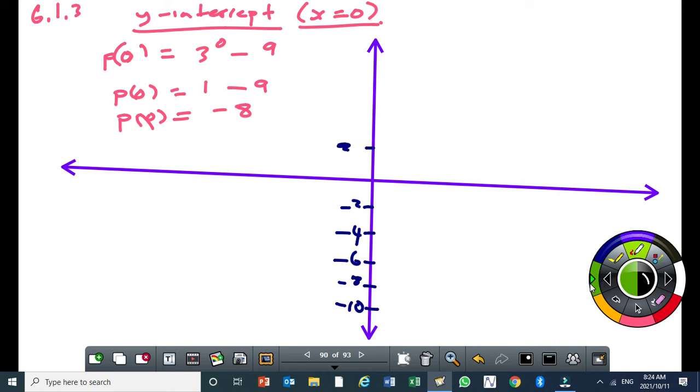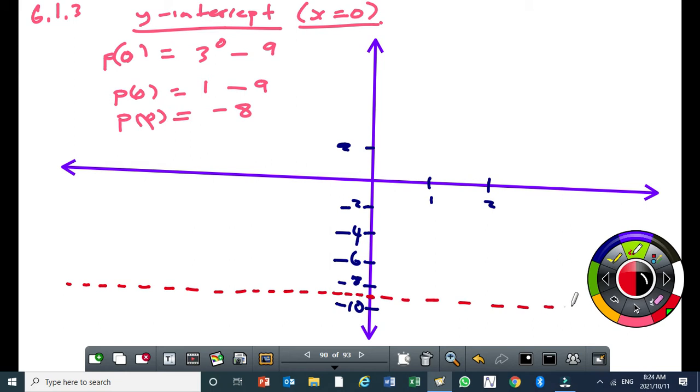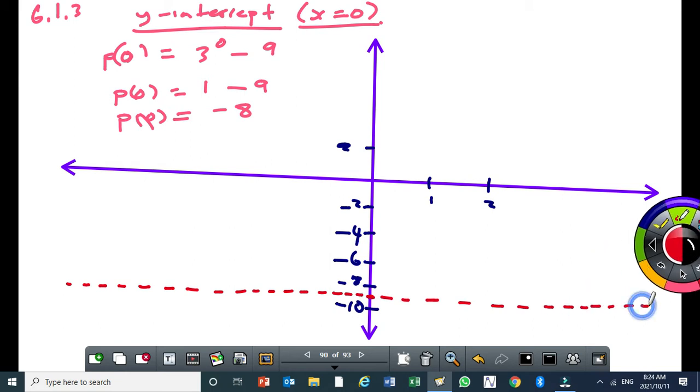When you are sketching the exponential function, the first thing you must do is draw your horizontal asymptote. Okay, that's the first thing. So my horizontal asymptote is going to pass through somewhere there. Please use a ruler. I don't have a ruler. Okay, that's where my horizontal asymptote is. And I'm going to write the equation of that horizontal asymptote, y equal to -9.